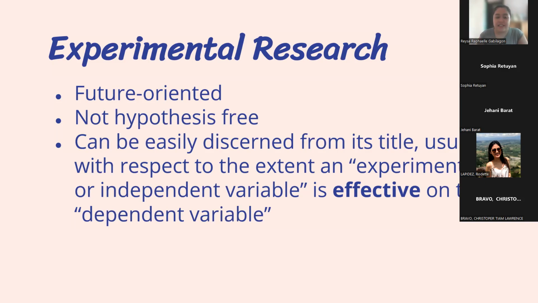Since this is testing, this is future-oriented. We will be looking into the future if our intervention or our hypothesis is correct. It is effective or not. Ano, may effect ba siya or wala? So in experimental research, we always have the independent and dependent variables.